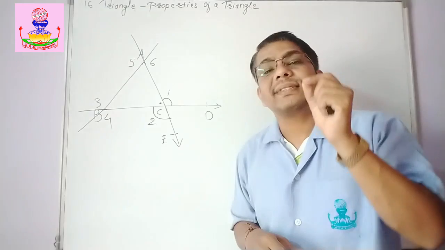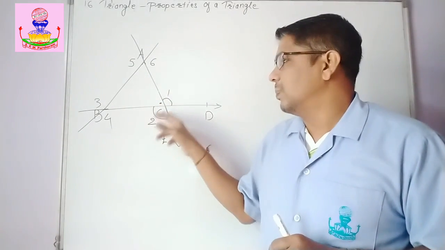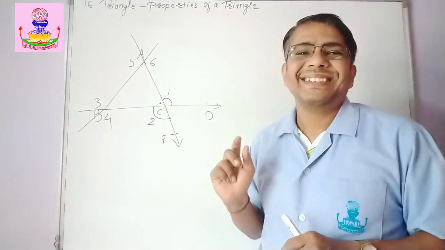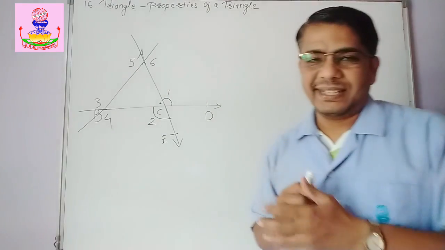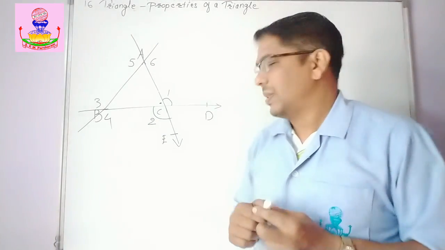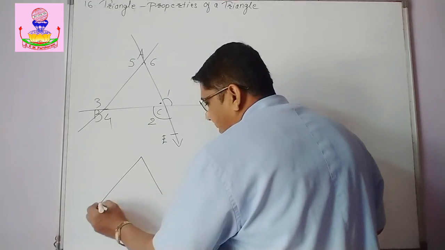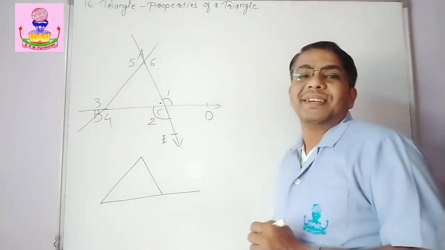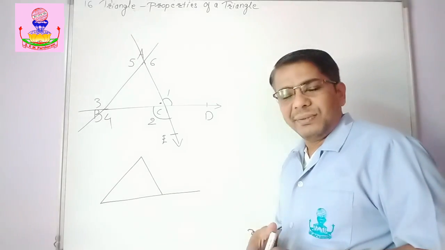And exterior angles at a given vertex, for example here, these both are congruent. These both are congruent. These both are congruent. Because they form linear pair with the same angle of the triangle. And one more property is that the sum of remote interior angles of a triangle is always equivalent to its exterior angle.